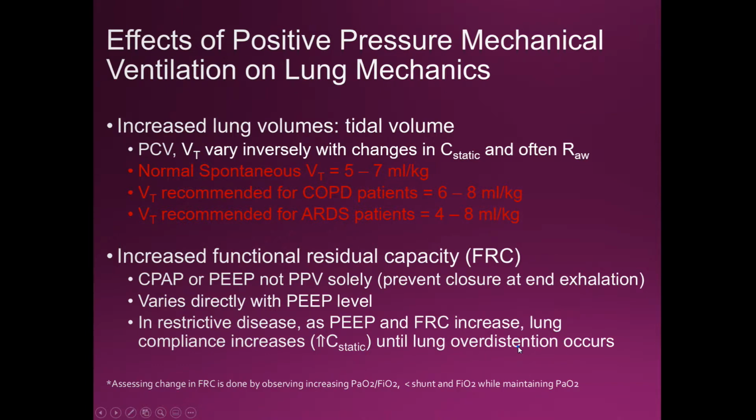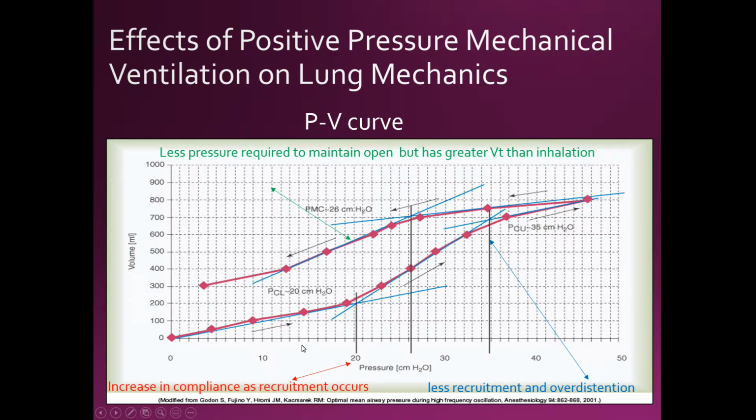Okay. So when we look at this graph right here, this is a pressure volume curve. Now these are just multiple plot points. If you start following from here, this is more of compliance.